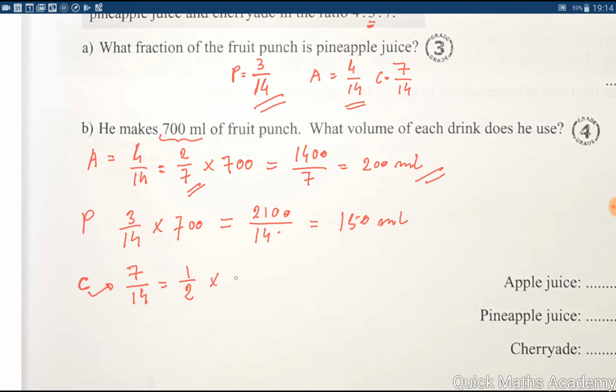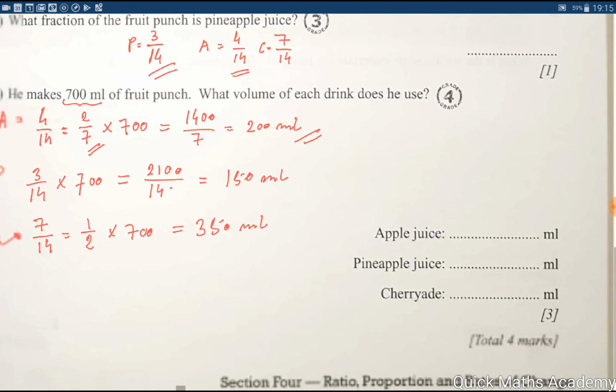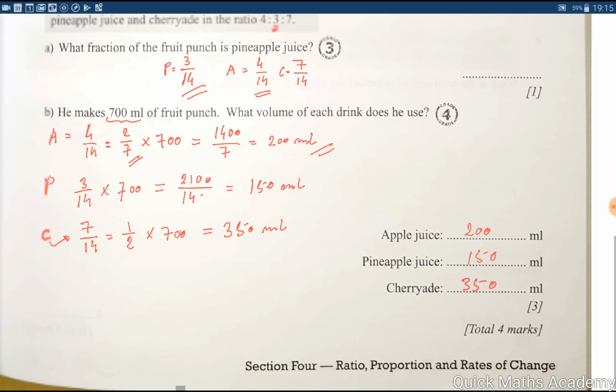If we multiply by the 700 milliliters, we have 700 divided by 2, which is 350 milliliters. So our answers here: for the apple juice we have 200, for the pineapple juice we have 150, and for the cherryade we have 350. And there you have it for this fruit punch.